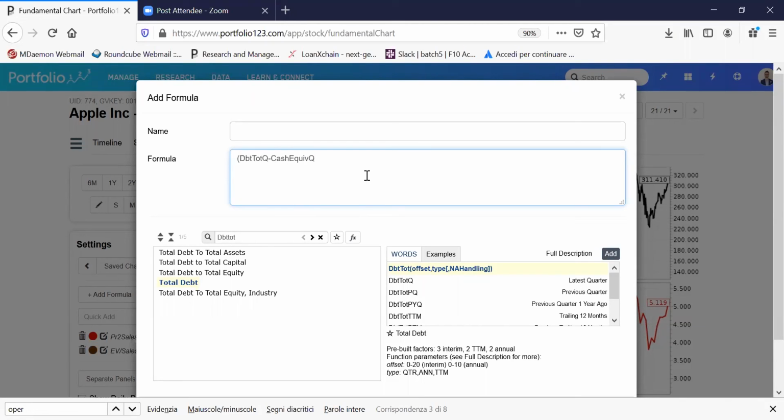So this is net debt, and we divide it by EBITDA, TTM. This net debt to EBITDA measures how many years a company needs, using earnings before investing.